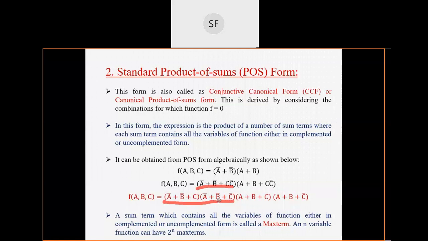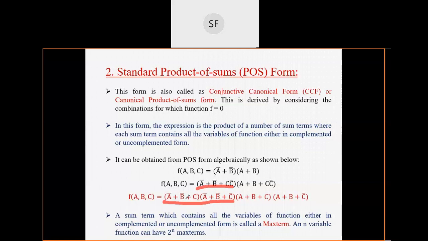Okay, so many of you might have a question: sir, this looks different, and how can you do this? Those who have doubts, I will tell you one thing: just do the multiplication of these two brackets.